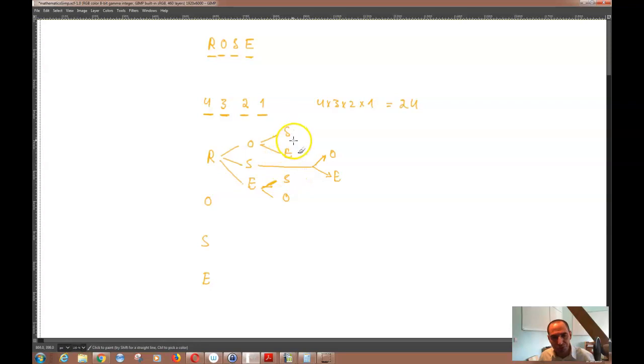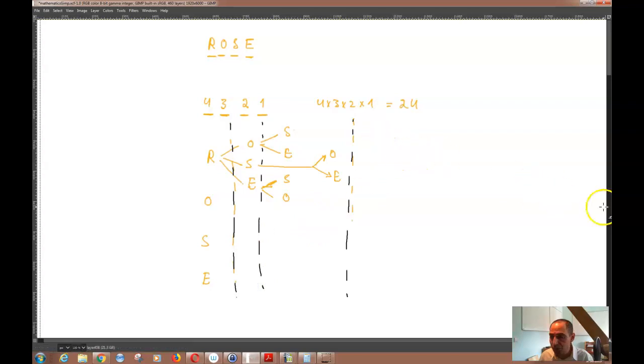Now you can see that this is the second placeholder, this is the first one, and the third placeholder can be filled in 2 different ways.